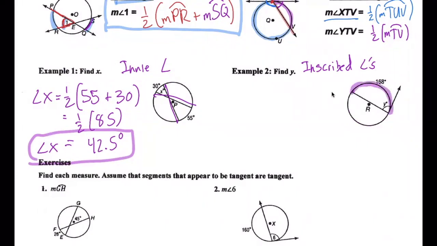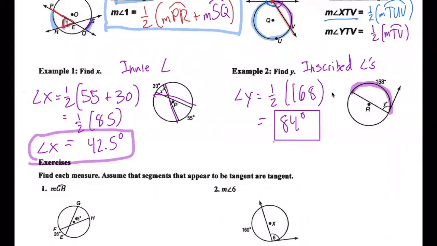That's the arc that it intercepts. So angle Y will be equal to 1/2 of 168, which is 84 degrees. Cool.